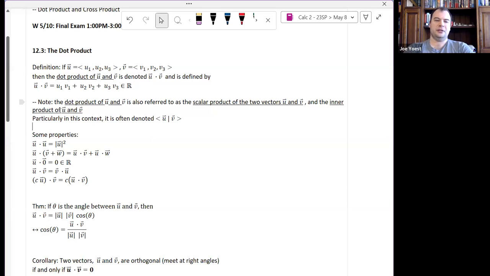As a side note, sometimes this irks math folks, but in more applied books, maybe like physics or engineering, you might just see something written like this, u bar v bar, and that typically means the dot product.